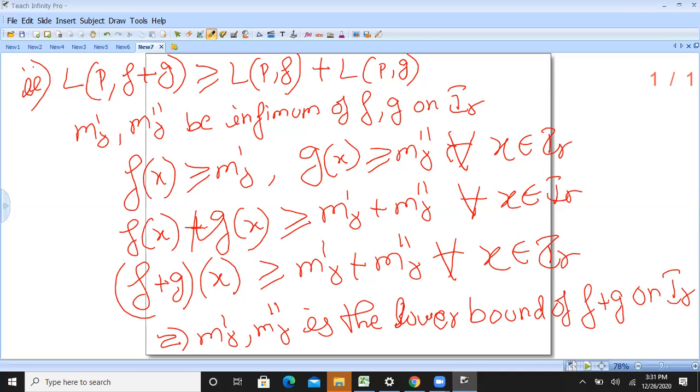So first, lower limit of partition comma f plus g is greater than or equal to lower limit of P comma f plus lower limit of partition comma g. So here we are considering the lower limits, so we are taking only small mr dash and small mr double dash, these two are infimums.